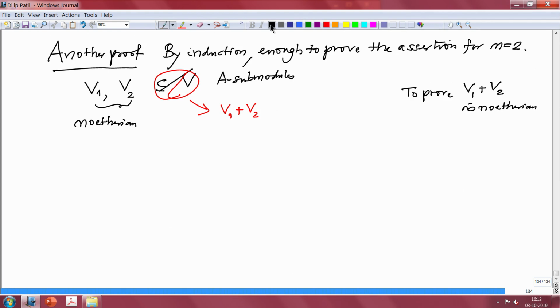So I will assume, without loss of generality, that V1 plus V2 is V. So we may assume. All right. Now what do we do?